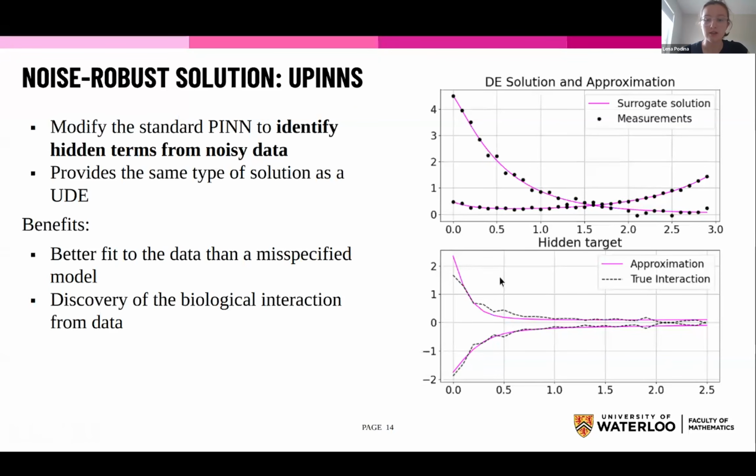This is the same data, and it identifies the hidden terms fairly well here. So the overall benefit of using these approaches is a better fit to the data than using a misspecified model. Also, we're hoping that we can discover biological interactions directly from data.